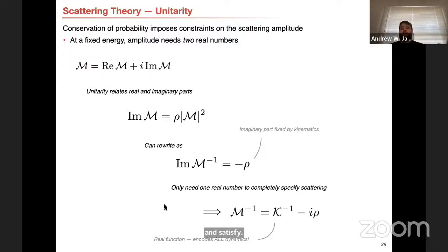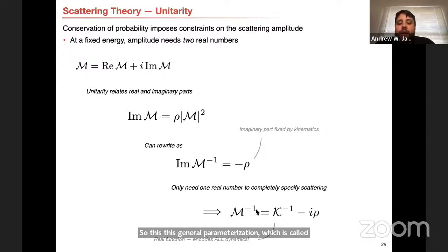This general parameterization is called the K matrix representation, in terms of the inverse scattering amplitude, and you can do some quick algebra to write this in terms of M instead of M inverse. I'll leave that to you. M inverse is equal to K inverse, which is a real function which must encode all the dynamics because the imaginary part is completely fixed by kinematics.